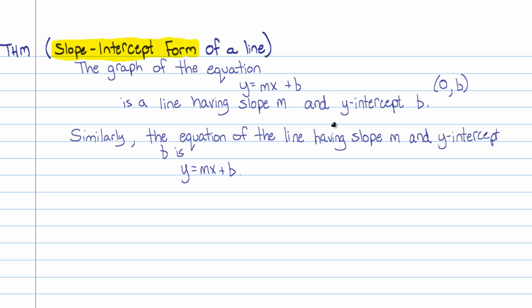So if they didn't give you the equation, but they gave you a graph of the line, you could still find the equation of the line by finding the y-intercept and the slope. So it's kind of a vice versa thing. This is a very powerful format for the equation of a line.